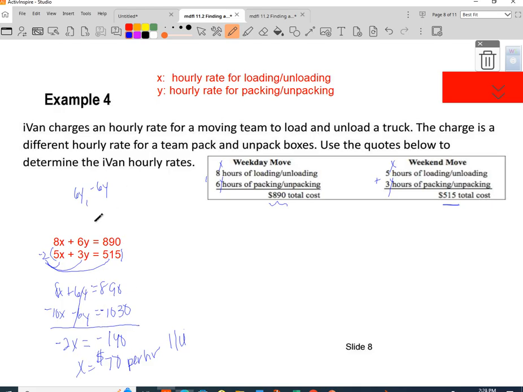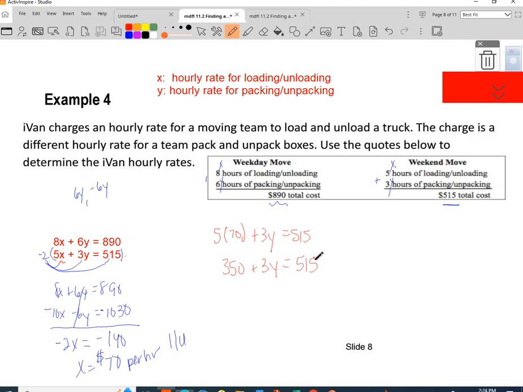Now to find my hourly rate for packing and unpacking, I plug that x in and solve for y. I'm going to do this second one. It's with smaller numbers. I might be able to do it in my head. So 5 times 70 plus 3 times y equals 515. So I'm plugging in for x here. So that's 350 plus 3y equals 515.